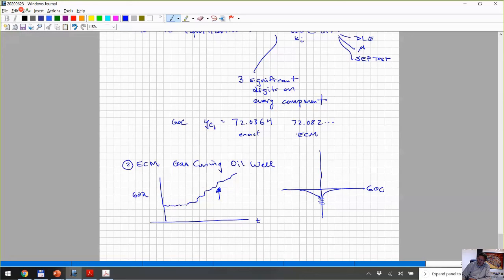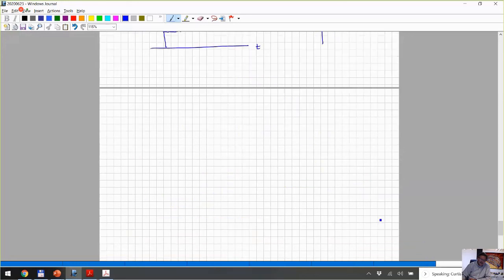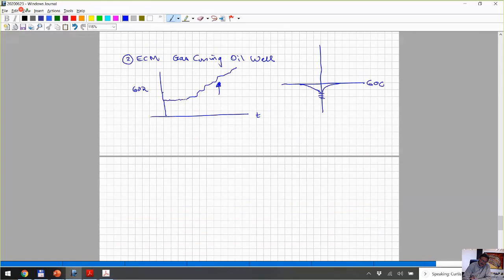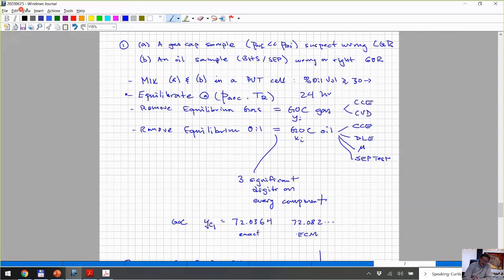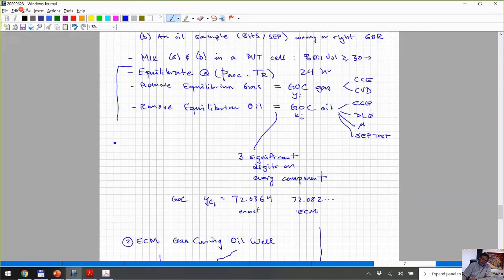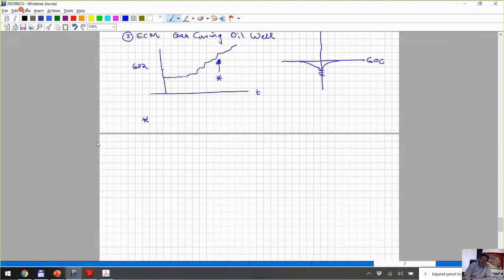And it's very simple. You just simply take that coning sample, and you just follow the same procedure starting here. So just mix the coning sample.